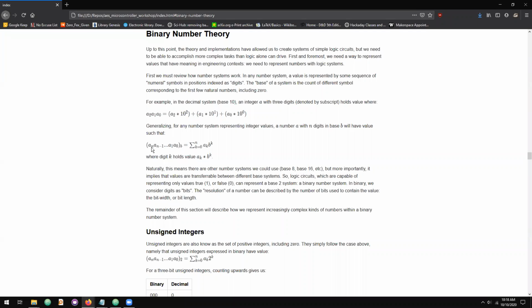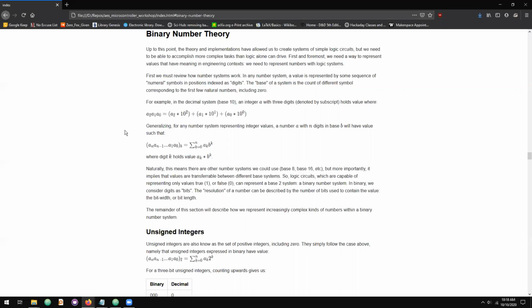So generally, you have a set of digits from 0 to n, operating within some kind of base system. For decimal, that's base 10. And the value it's representing is the sum of all of those digits multiplied by their position with respect to that base. The digit at the kth position holds the scalar multiple times the base to the index power.